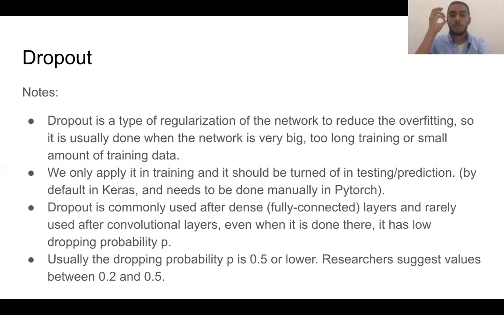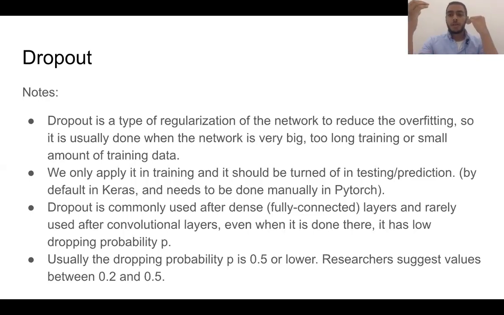What I mean by reducing overfitting is reducing the variance, the capacity or the complexity of the model. When you have a very big model, or a small amount of training data, or too long training, you could use dropout.